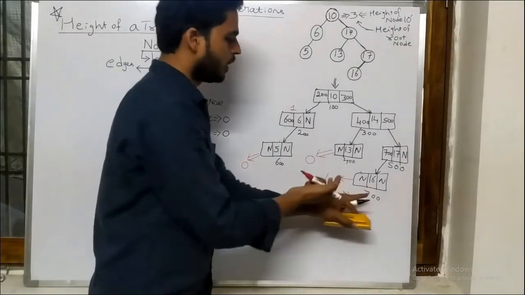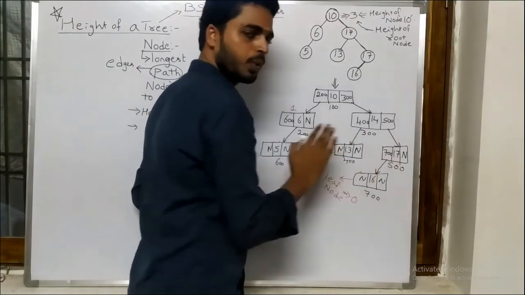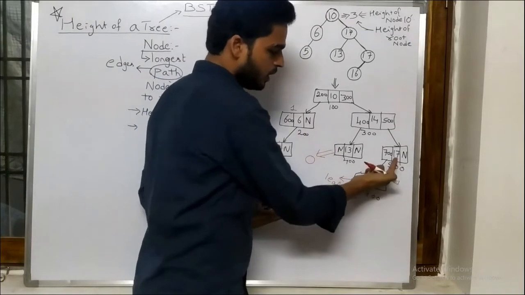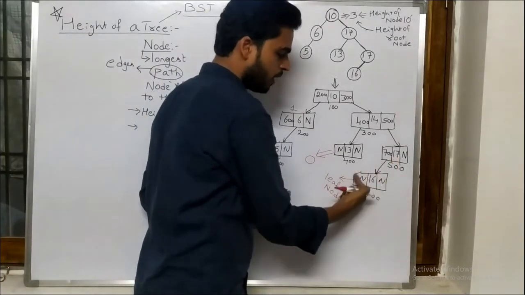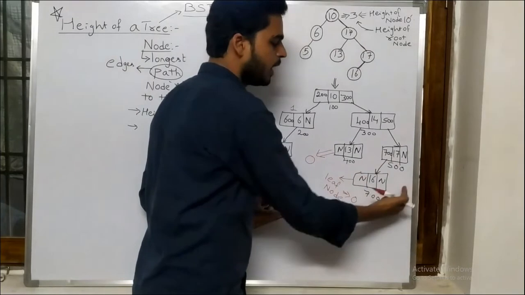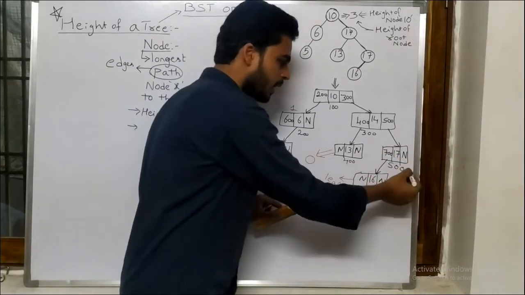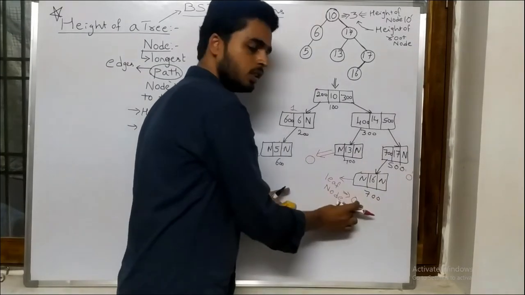Okay, fine. Now I will move to this one. What is the height of this one? Is it a leaf node? No. It is having some data, right? So when it is not a leaf node, what are we going to do? We are going to find out the height of the left subtree and the height of the right subtree. What is the height of the right subtree? Again you will get 0 here. What is the height of the left subtree? 0.